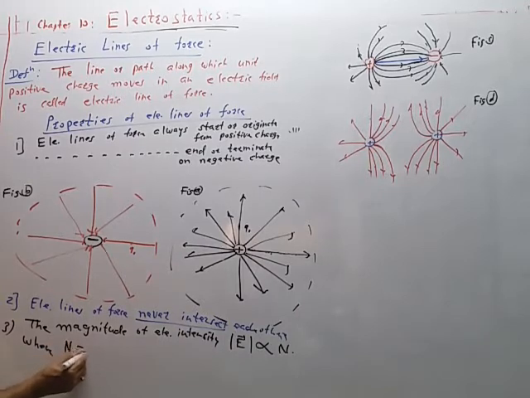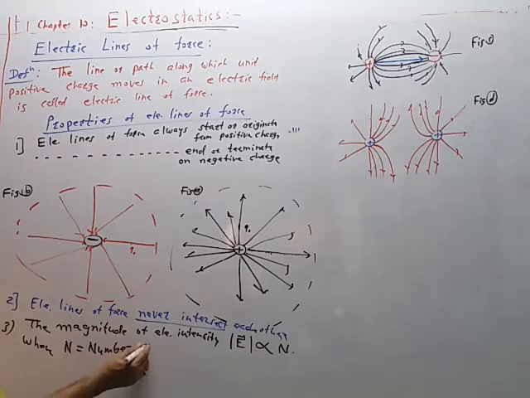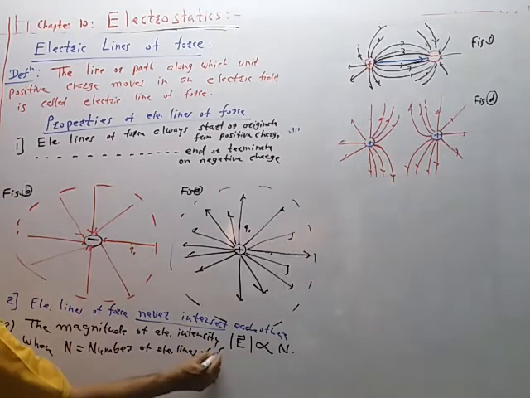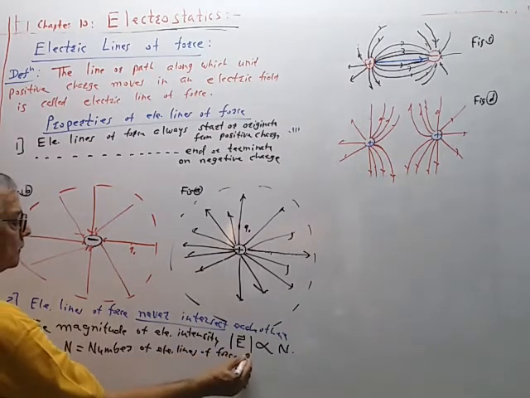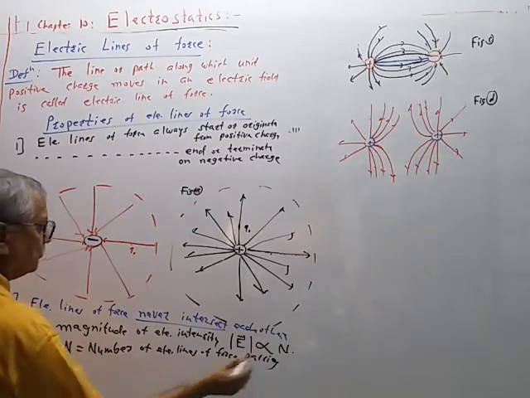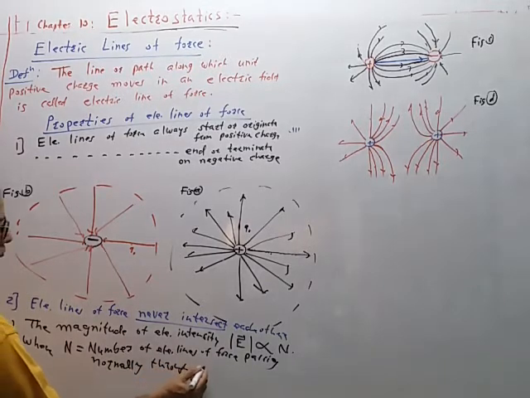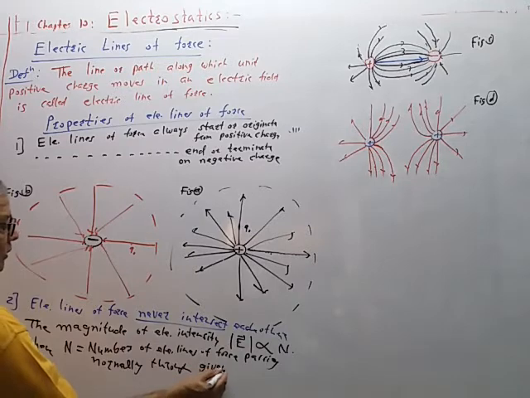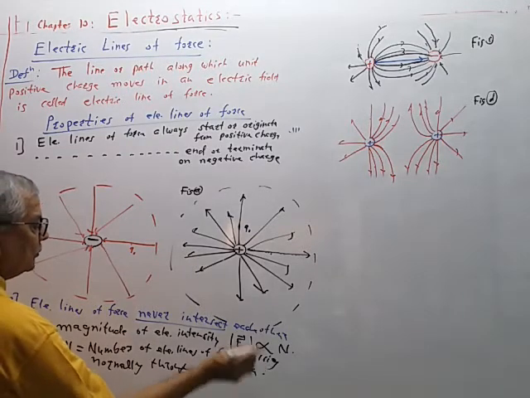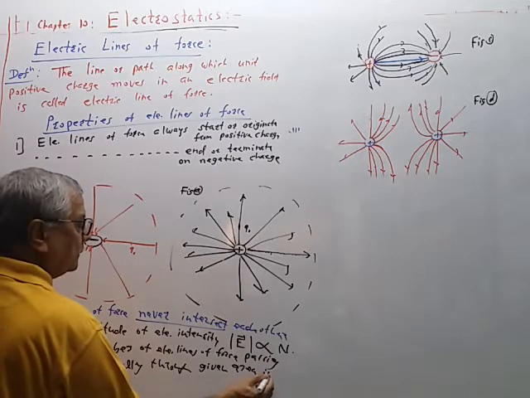Where n is equal to the number of electric lines of force passing normally perpendicular through a given area in the field.